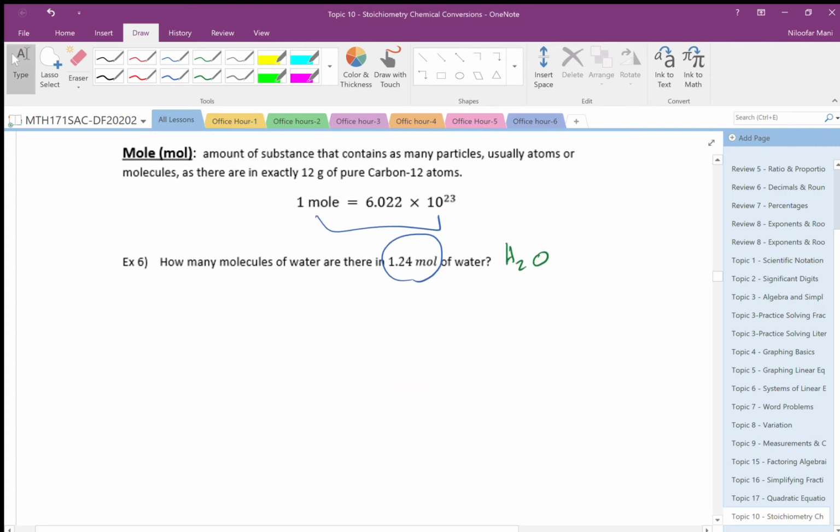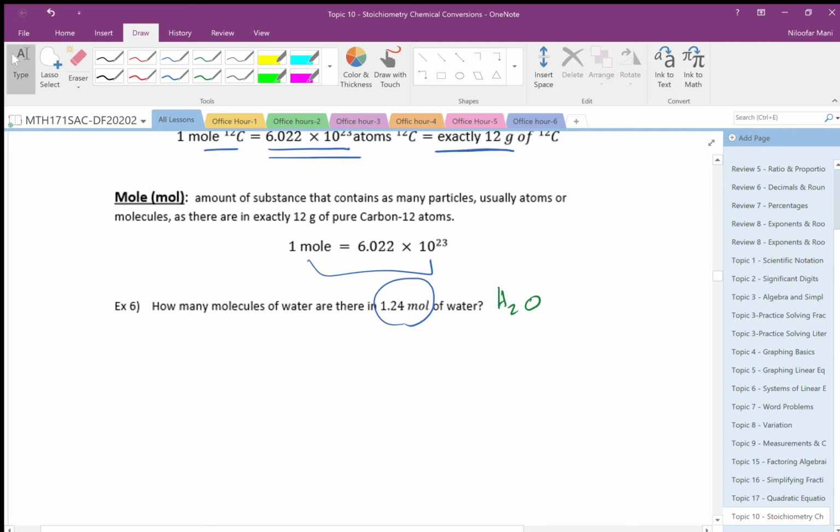So you have to remember that when I talk about mole, mole is not molecule. 1 mole of water is this number of molecules of water. Or 1 mole of hydrogen means this number of atoms of hydrogen.